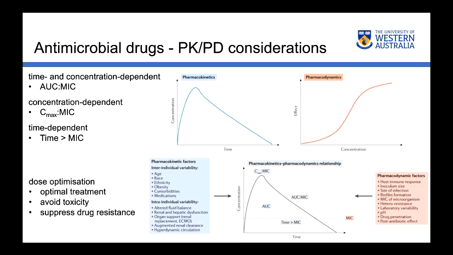And lastly, you also want to suppress drug resistance, because drug resistance is a major challenge, both in the use of existing antimicrobial drugs as well as in the development of potential new drugs: you need to consider how likely the microorganisms are to develop resistance to existing drugs or the new drugs under consideration.